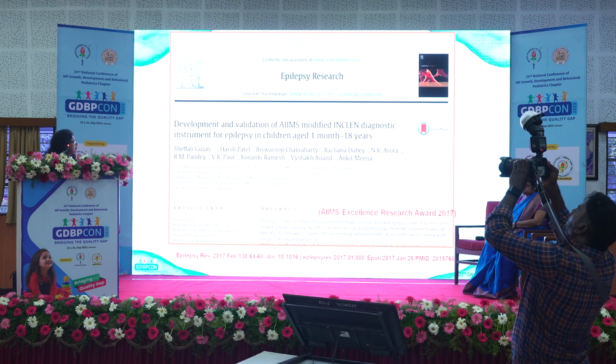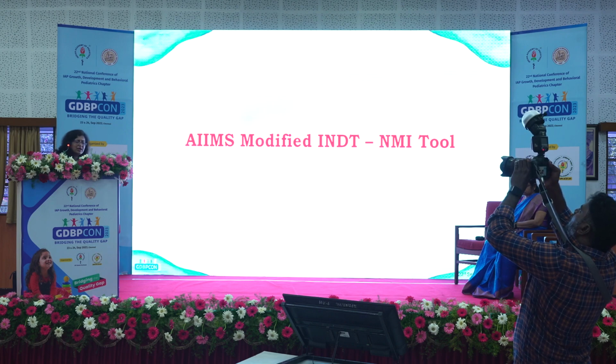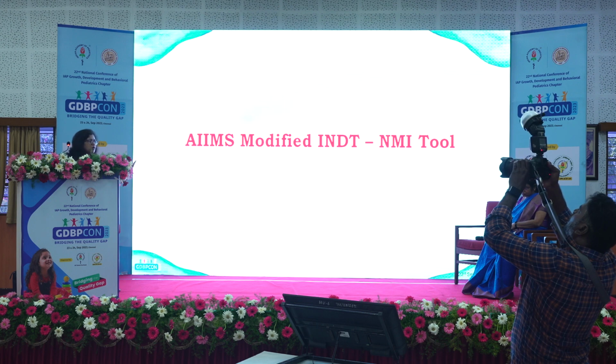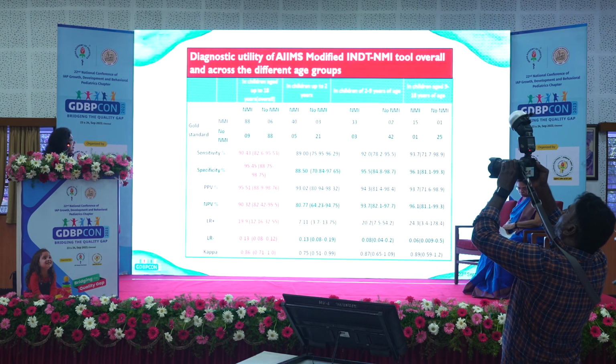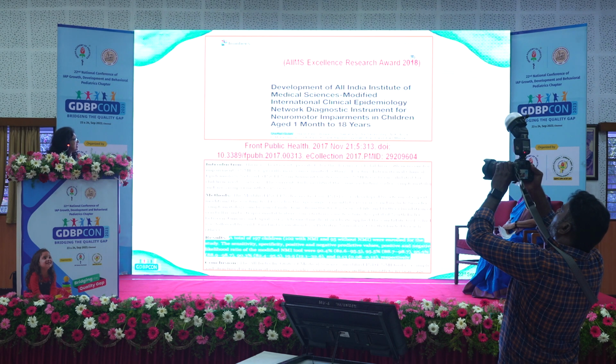And also the neuromotor impairment tool, to pick up a child with a neuromotor problem, which can be either cerebral palsy or neuromuscular disorder or post-meningoencephalitic or post-stroke sequelae, published with good psychometric properties in Frontiers in Public Health.